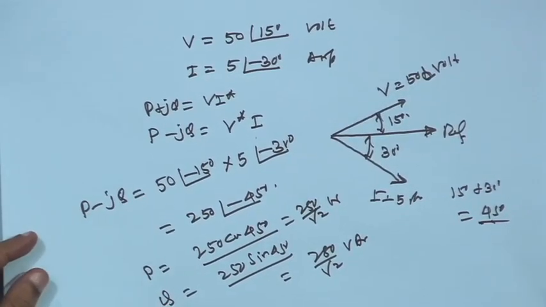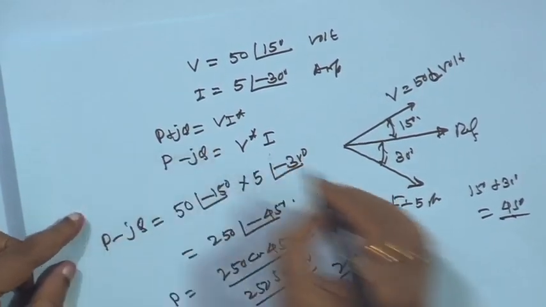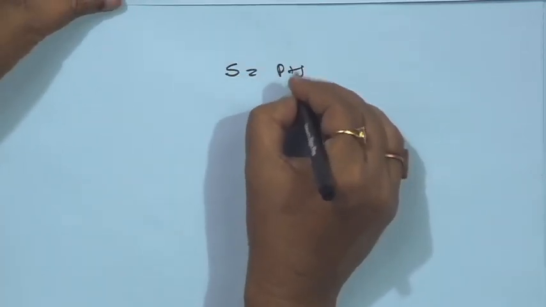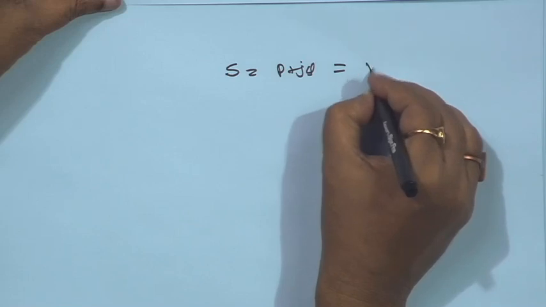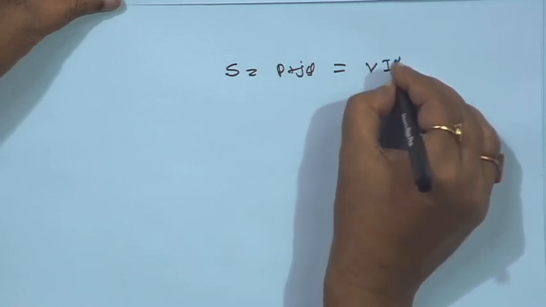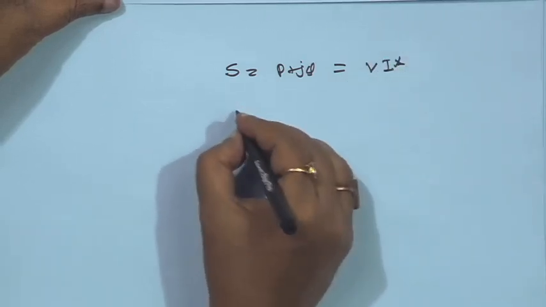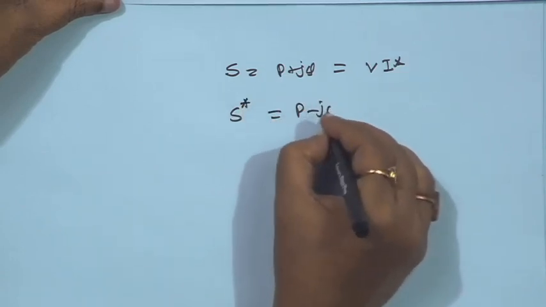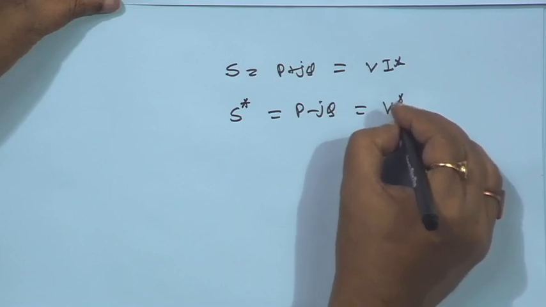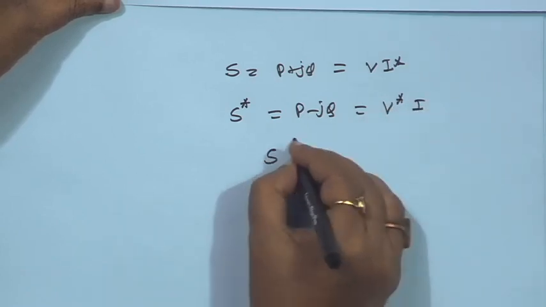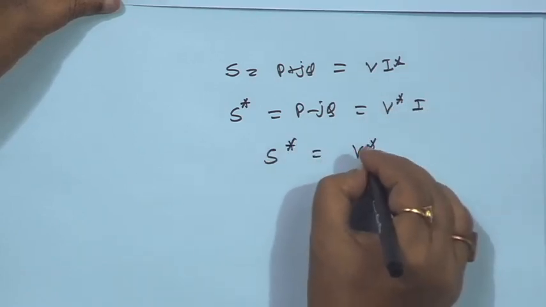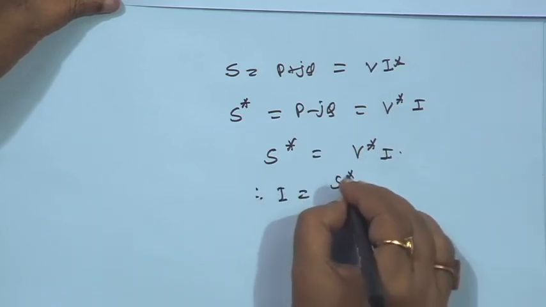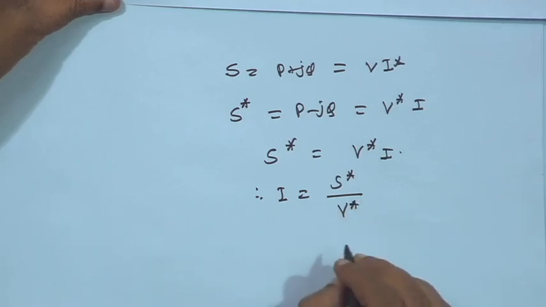Here we are actually taking P plus jQ, that is S, which is V I conjugate, right. Now if you take conjugate on both sides, then S conjugate is equal to P minus jQ is equal to V conjugate I. That means I is equal to S conjugate upon V conjugate, right.